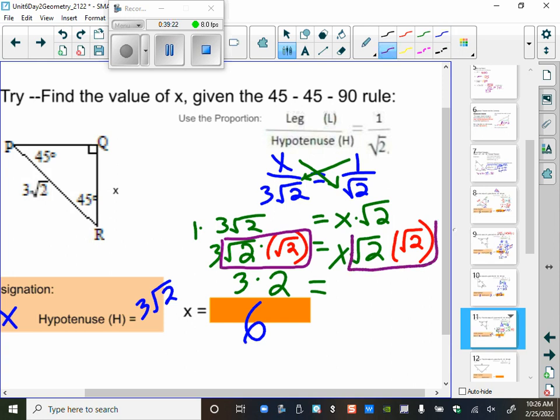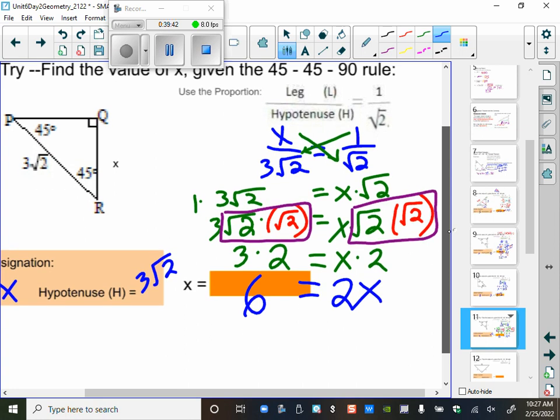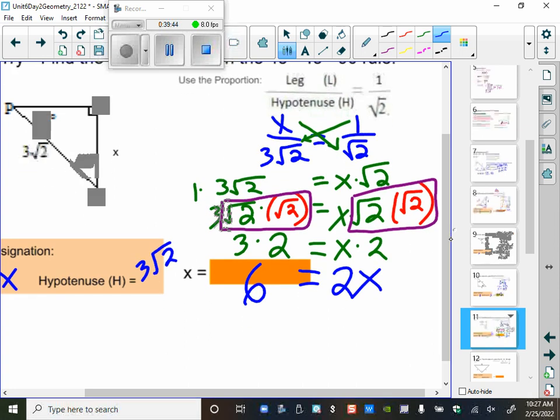Square root of 2 times another square root of 2. X times 2, or 2x. Very good. That's exactly how we knocked this one out. Well done.